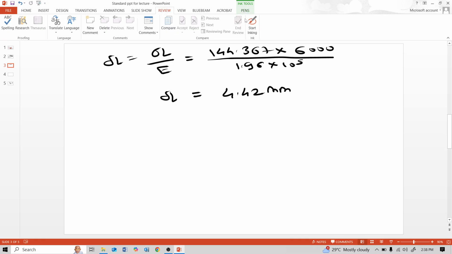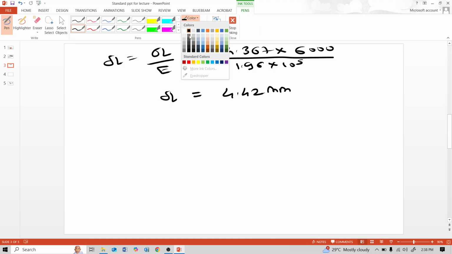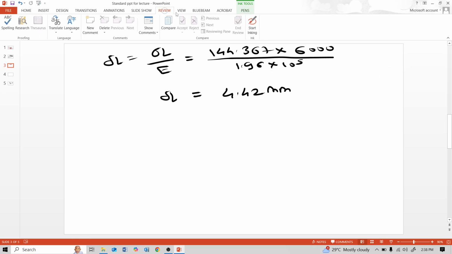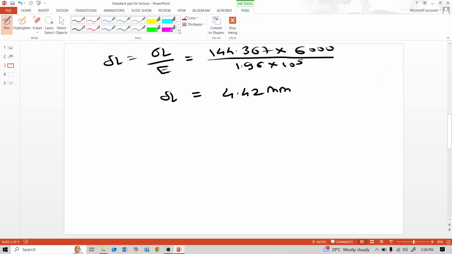Cross check the unit: this stress is in Newton per mm square, this length is in mm, upon E in Newton per mm square. So the Newton per mm square cancels, leaving mm, which is right. And strain e is nothing but change in length upon original length.